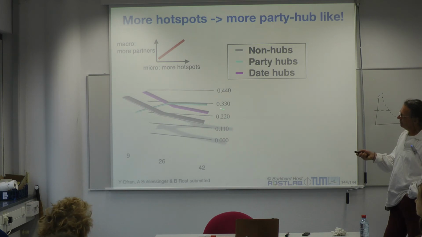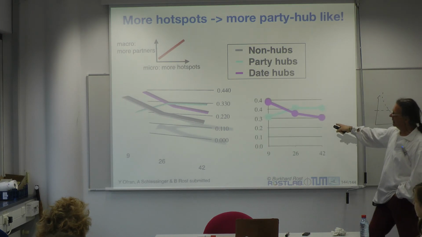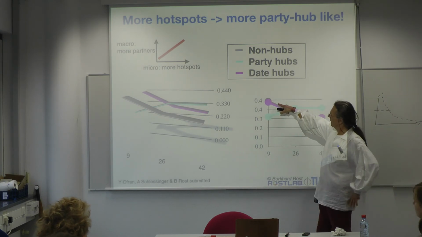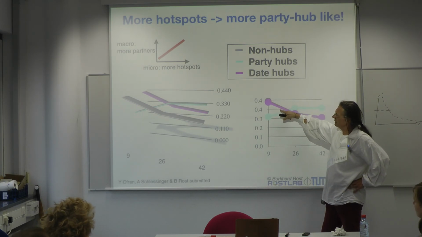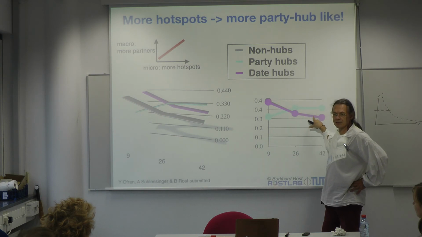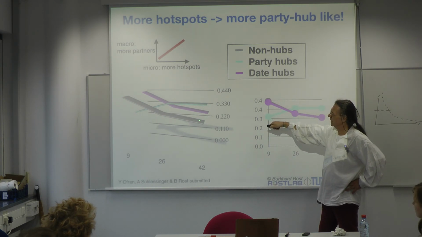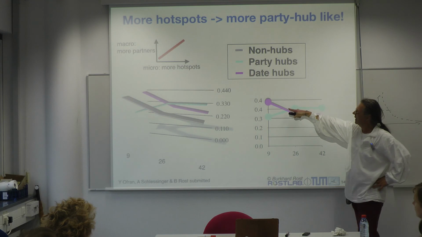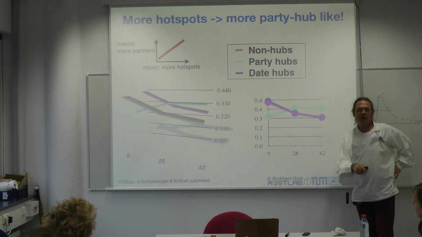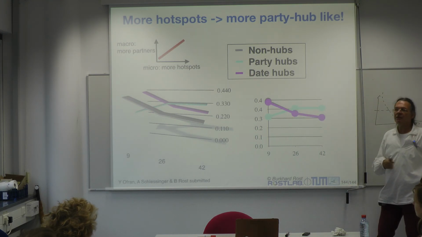That's the party hub. This is non-hub. And that's date hub. When you look at the way they overlay, so the gray and the purple are really on the same. If I don't look at 3D, they're really on the same spot. This and that, they are really identical here. That's why you hardly can see the gray behind it. And the other one is really different.